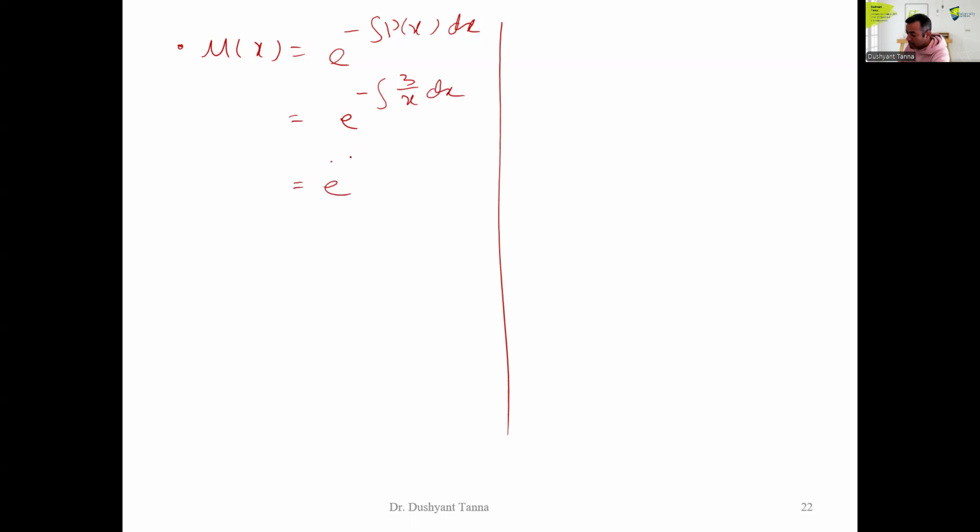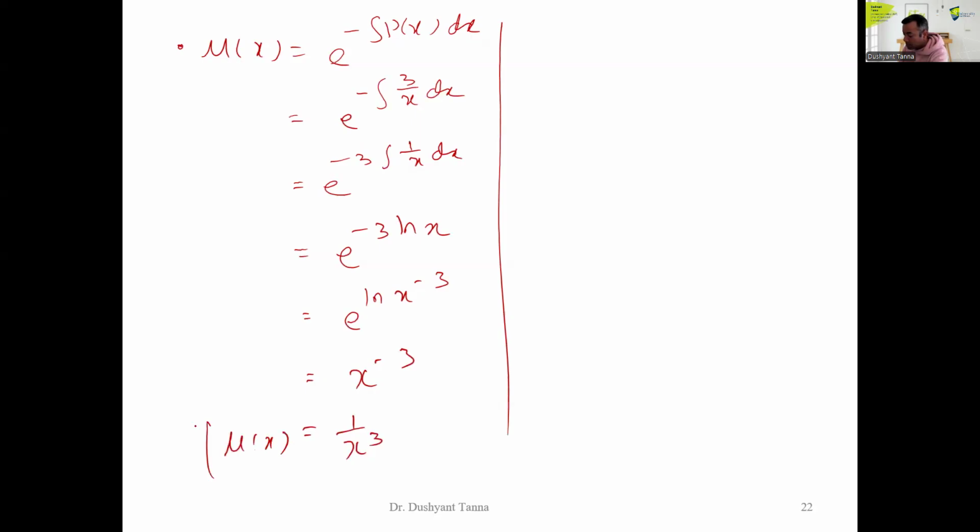I don't need the 3, I'll keep it outside. The integration of 1 on x dx, 1 on x is ln x. We keep the negative 3 on the power: e raised to ln x to the power negative 3. e and ln will cancel one another, leaving you x to the power minus 3, or 1 on x cubed, as my mu(x).